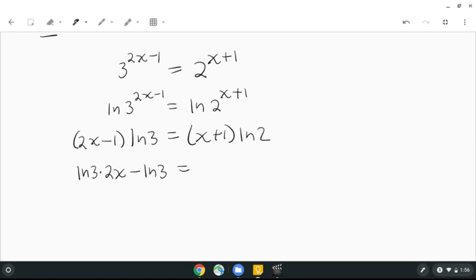And then on the right-hand side, we have ln 2 times x. I'm going to keep the x out in front so we don't think it's part of the log.